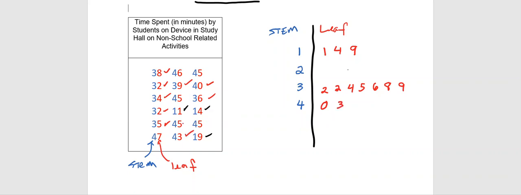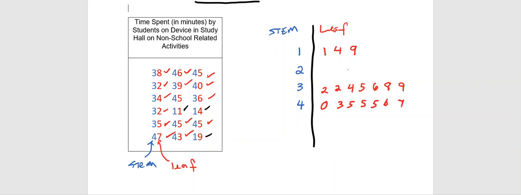And then we have, notice we've got 1, 2, 3 45s. So I'm going to list 3 5s. And then I have a 46. And it appears I have a 47 as well.